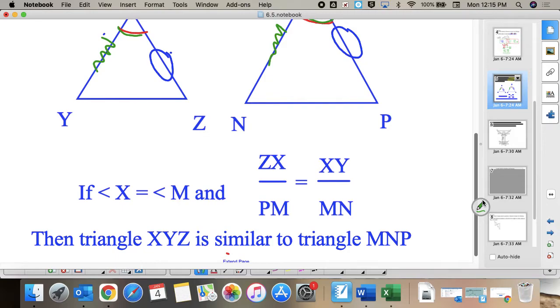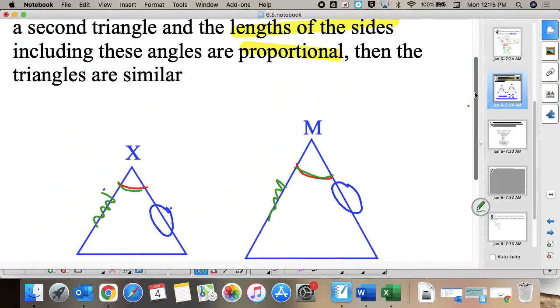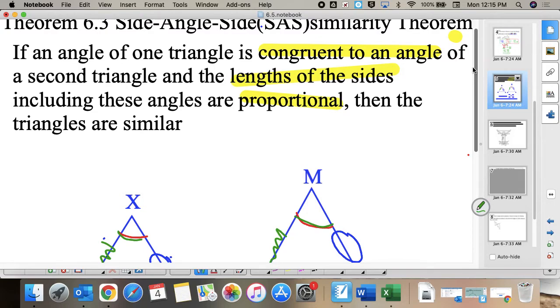ZX over PM will have to be the same as XY over MN. So if an angle of one triangle is congruent to an angle of a second triangle, and the lengths of the sides, including these angles, are proportional, meaning the sides that make the angles have to reduce to the same thing, then the triangles are similar.